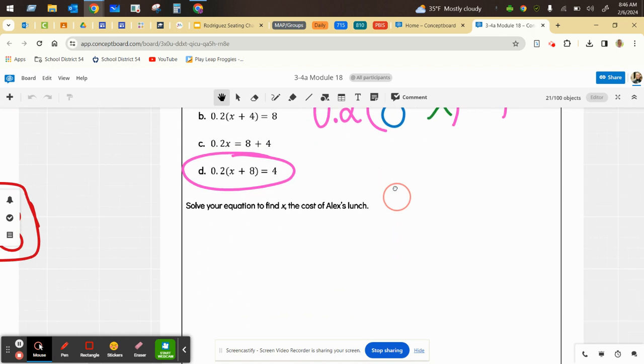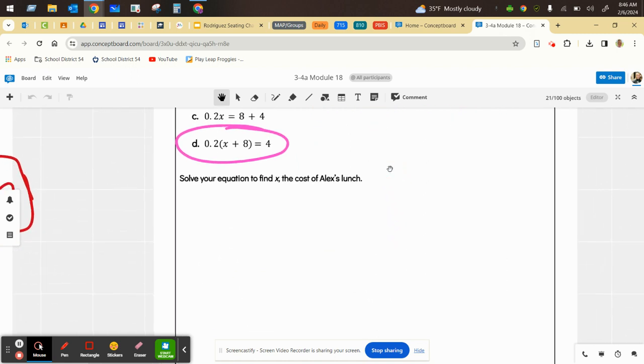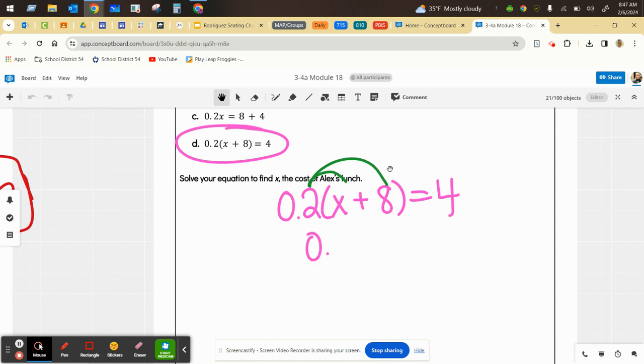Now we're going to use that equation to solve to find the cost of Alex's lunch. I'm going to rewrite it. We have parentheses, so we are going to distribute. So I have 0.2x. 0.2 times 8 is 1.6.